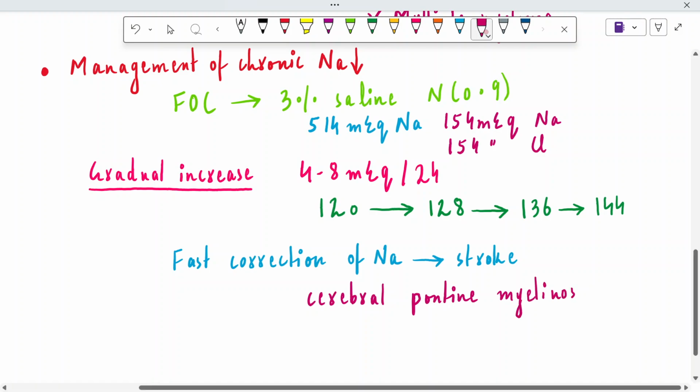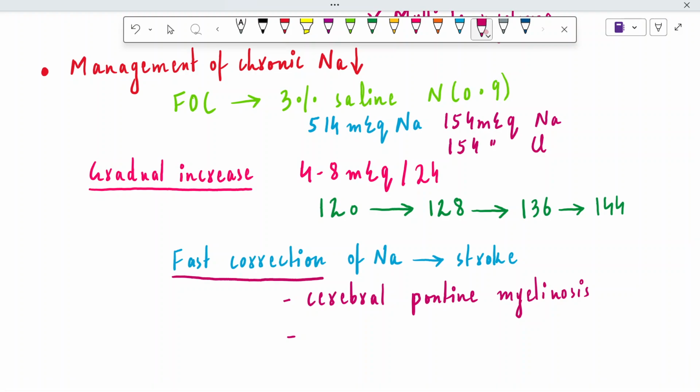And this condition is very lethal. Cerebral pontine myelinosis, the patient would never be able to walk and talk again because of the fast correction of sodium that is being given in the ward, right? So it's very important that sodium should be given gradually.